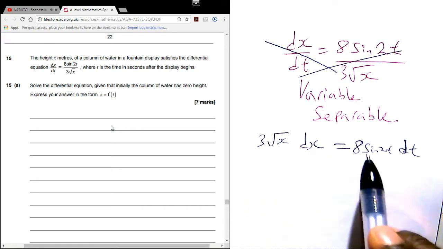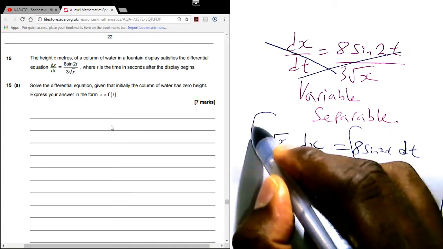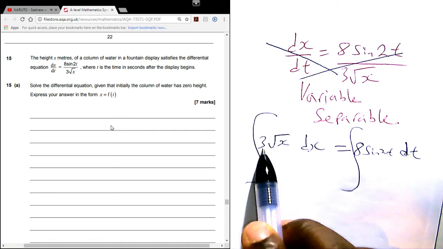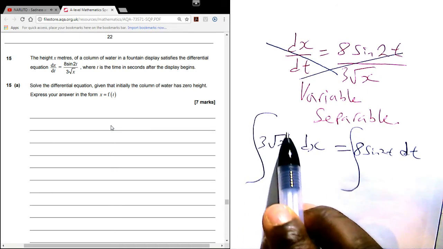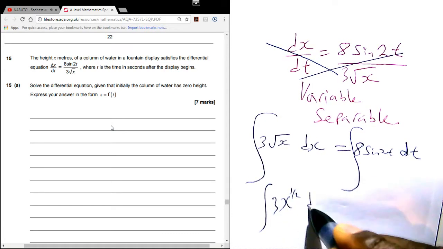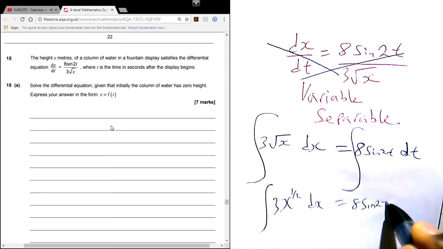Now that we have this written, we can put an integration symbol there to show that we are about to integrate both sides. Of course, this is just 3 times x to the power half. Everyone should be able to integrate something like that. And this is 8 sine 2t dt.